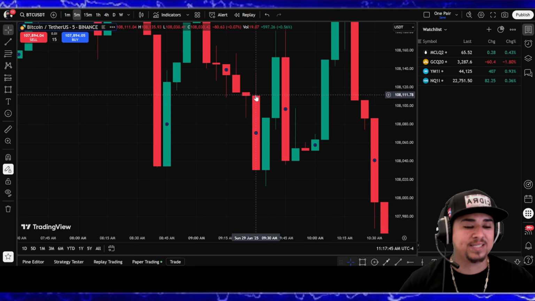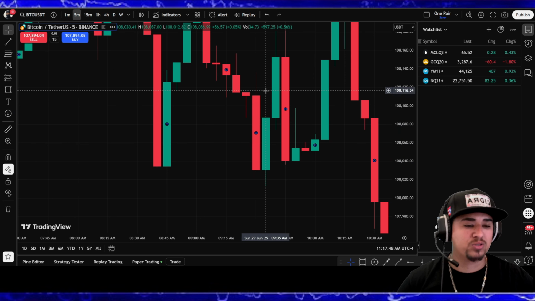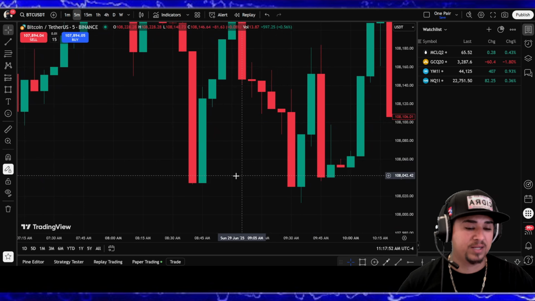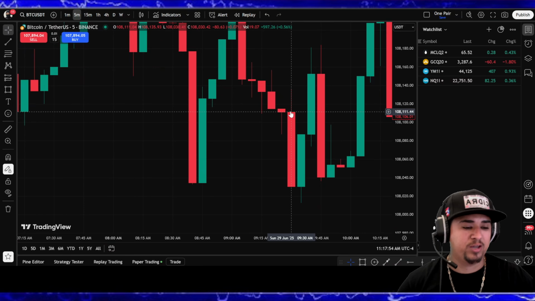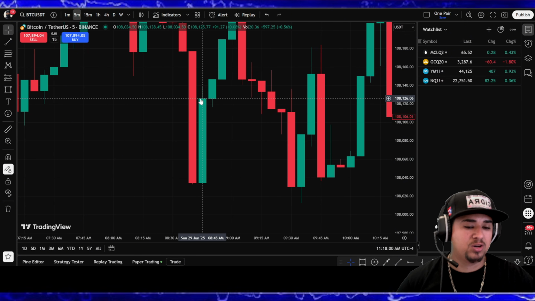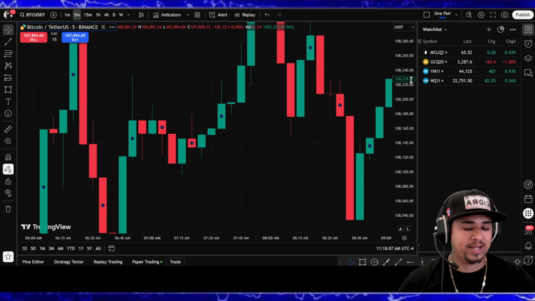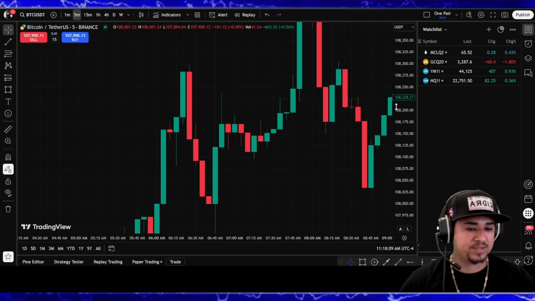Open, close, high, and the lowest was just the open. You see, the open was here at the top, and this here was the close. Open, close, high. Let's look at a candle that has wicks on both ends.